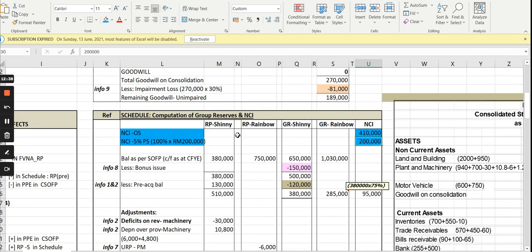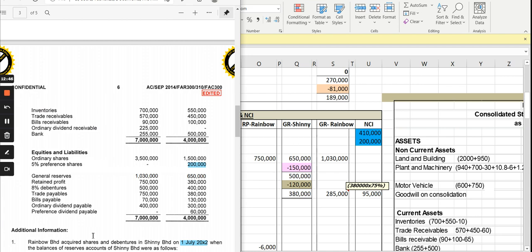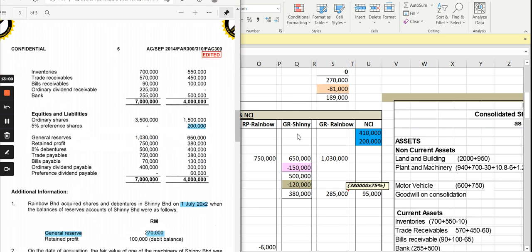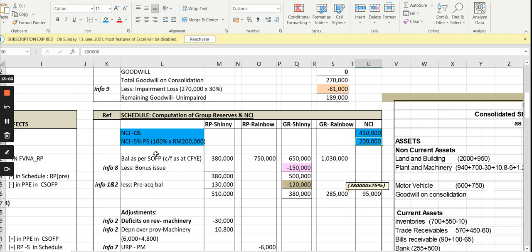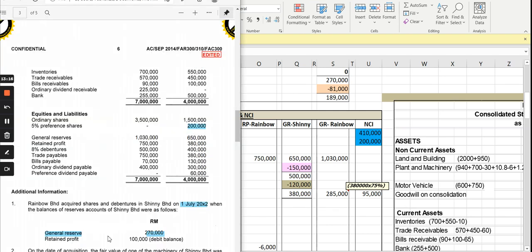So the columns that you need to include here will depend on what are the reserves that you have. As I mentioned earlier, the reserves that you have are general reserve, retained profit. So it should be one for general reserve of subsidiary, one for parent or the group, retained profit for the subsidiary, retained profit for the group, and another one will be for the non-controlling interest. So this is what I've done here. The next stage is to put the balance of the reserve that you have as per the current financial year end. So go and take that from your question.